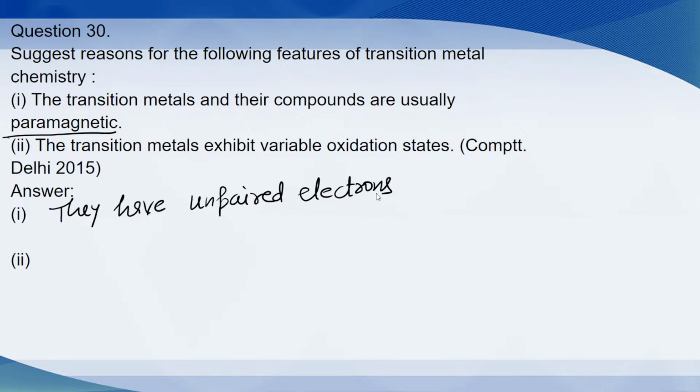Transition metals and their compounds are paramagnetic because of the presence of unpaired electrons in the partially filled d orbitals.